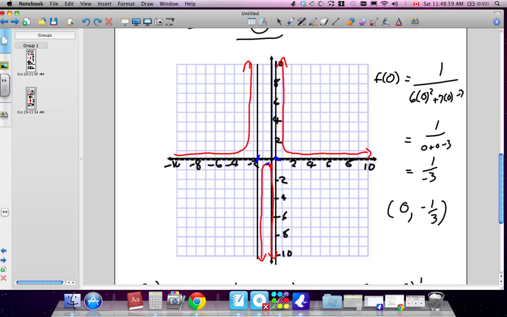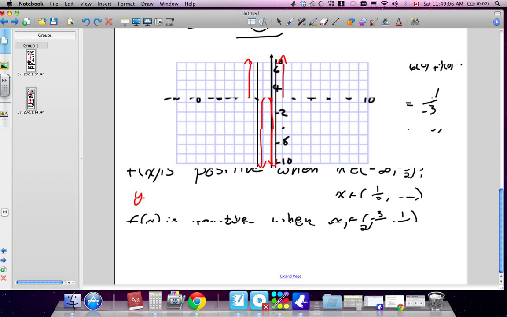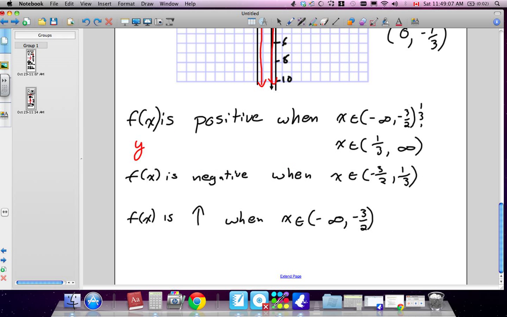Think of it with our vertical asymptotes. It's going to be the number that is by 2. Yes, so we're going to add it together and divide by 2 to find exactly where that point is. Okay. So think of it like negative 3 over 2 plus 1/3 divided by 2. That's going to tell us our vertex, or our axis of symmetry, you could say.